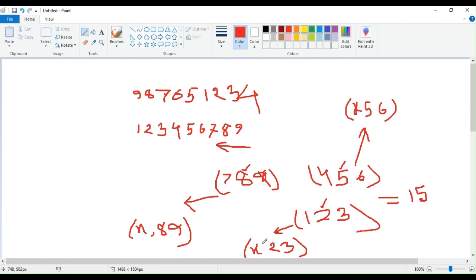So x should always be less than 8 here, less than 5 here, and less than 2 here. Less than 8 means it could be 7, 6, 5, 4, 3, 2, 1. All are less than 8.